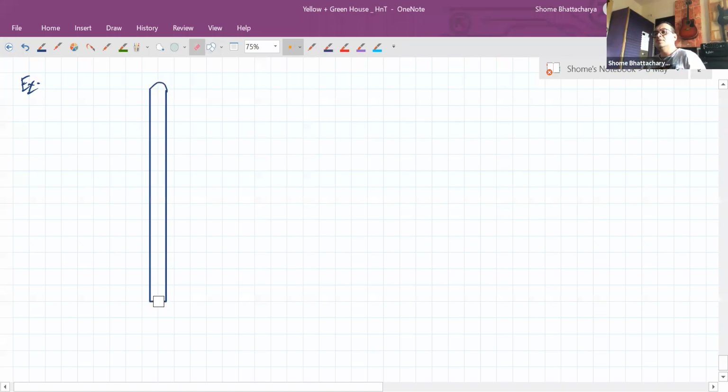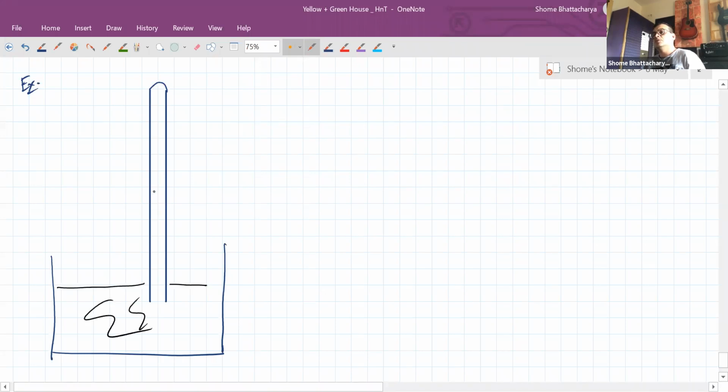So now suppose what is happening is that in our barometer we observe that the mercury level has fallen up to this, because there is some gas present over here.